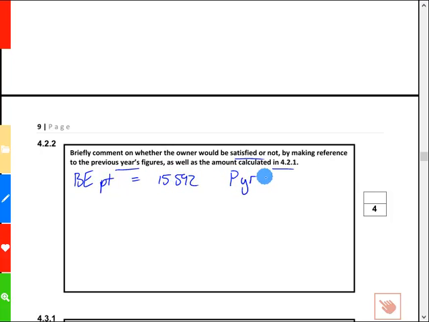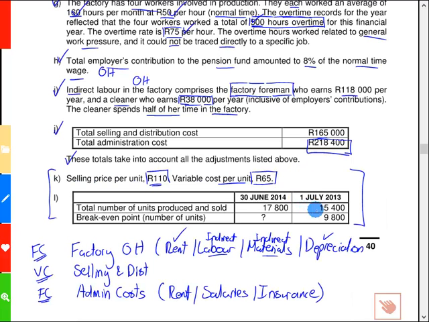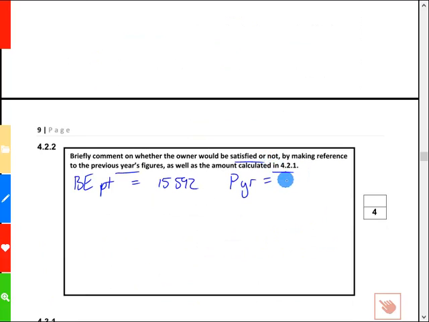In the previous year it was 9,800. So it has increased. So you just state the obvious: break-even point has increased since the prior year. Do you think that's a good thing or not?